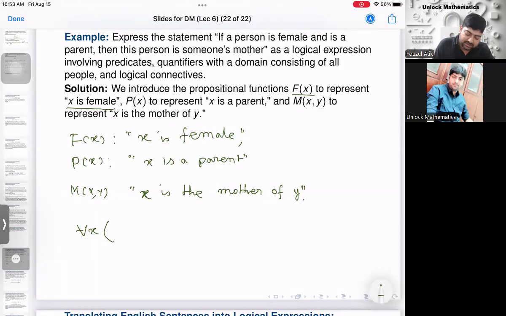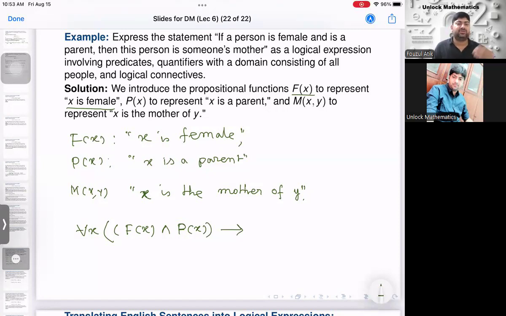How do you write that? So if F(x) and P(x), both of them together, parent and female both, and then what will happen? If a person is female and is a parent, then there must exist a child, correct, such that x is the mother of that child. That female person who is a parent is the mother of that child.